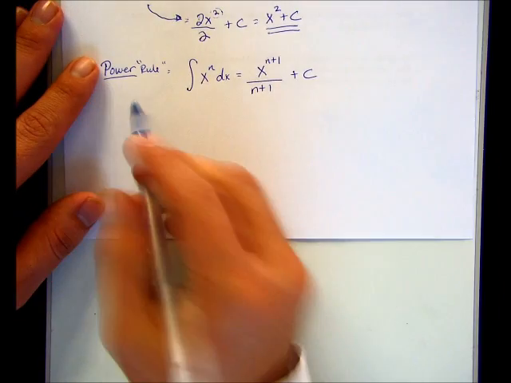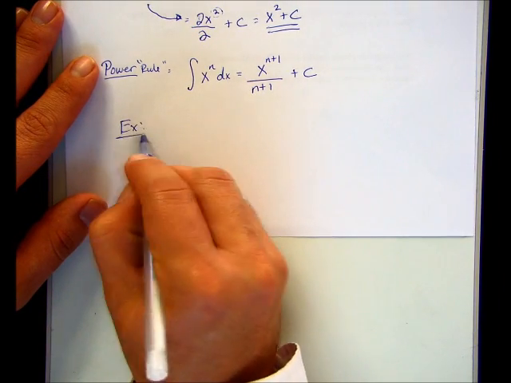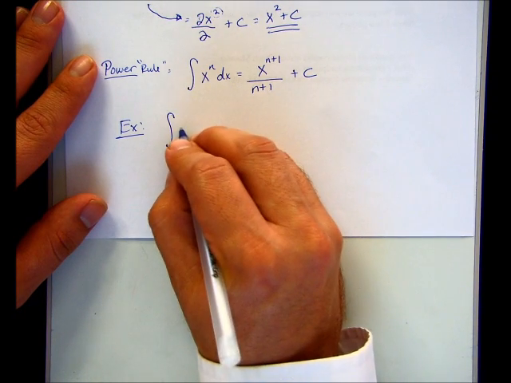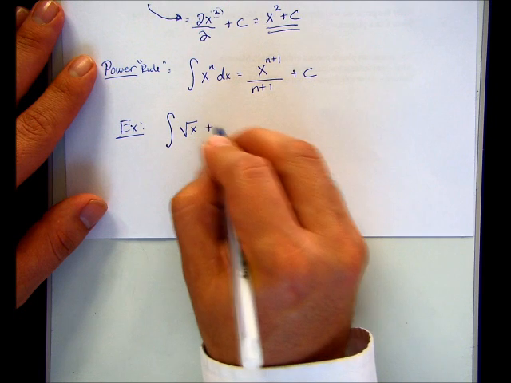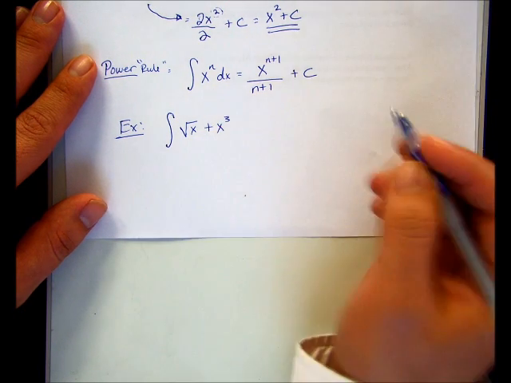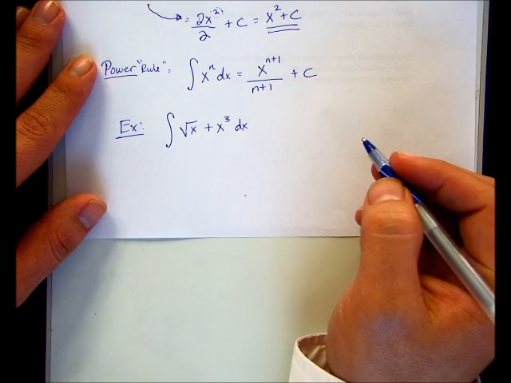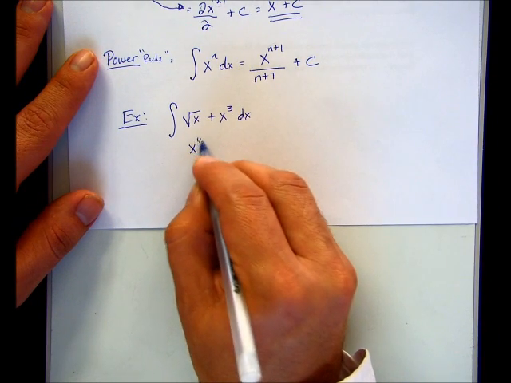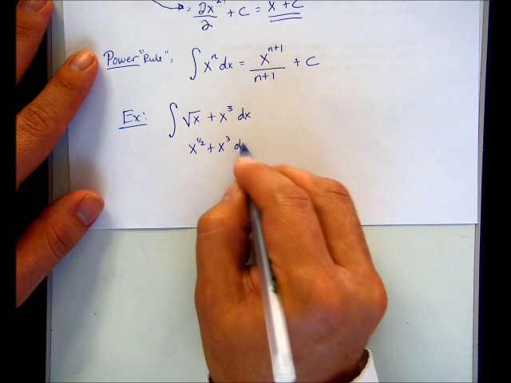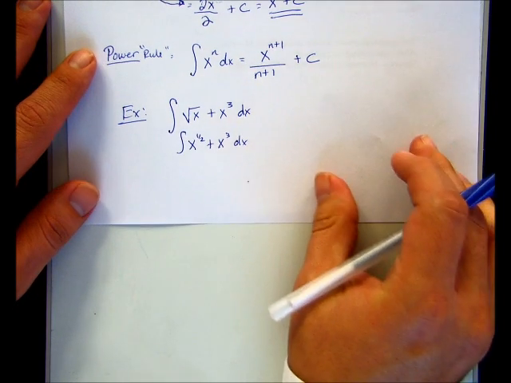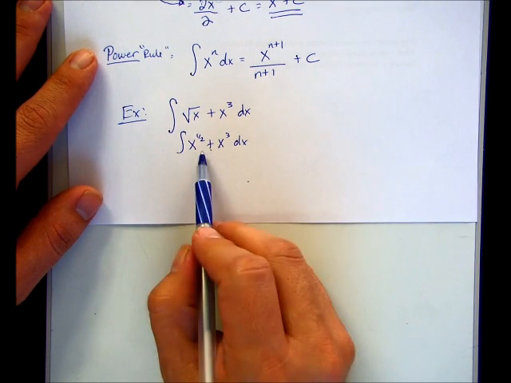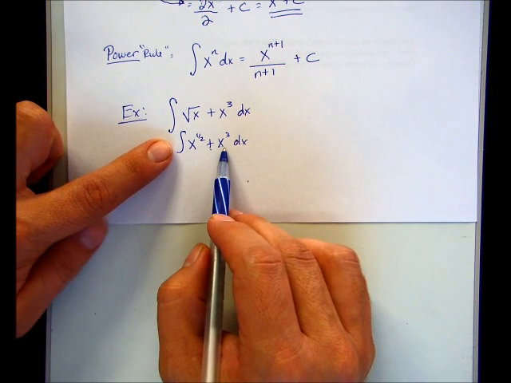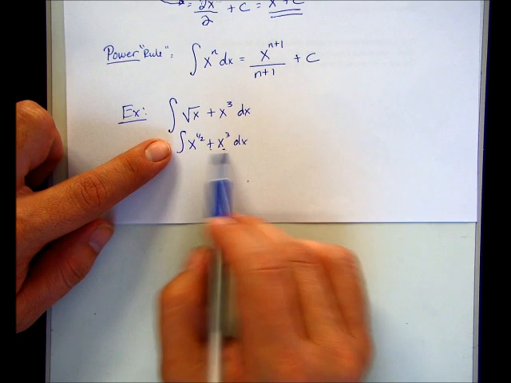So let's do an example. If I have the integral of the square root of x plus x cubed dx, I'm going to want to change the square root of x to x to the 1/2 so that I have powers. Since I have a plus, I can separate the two into two integrals if I wanted to, but for simplicity's sake, I'll just do the power rule for both.